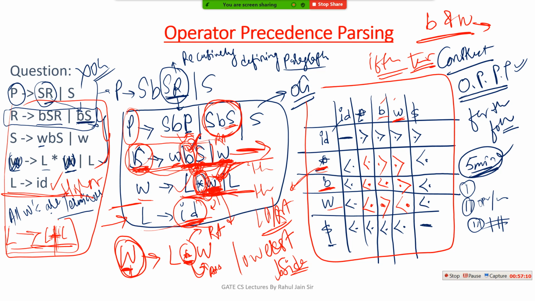Is it clear to all candidates now? Whatever is in the bottommost side of the transition will have higher precedence in case of terminals. Clear? Very good, guys.